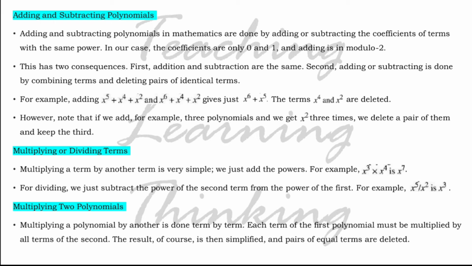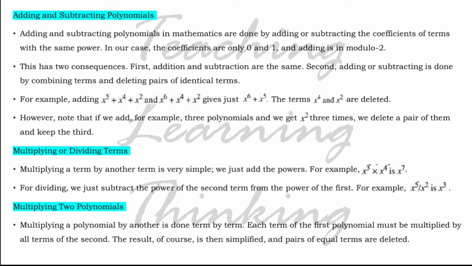In the subtraction mode, we are likewise discarding the same terms. Here x raised to 4 and x raised to 2 are common, so we discard them and get the remainder, an output of x raised to 5 plus x raised to 6.